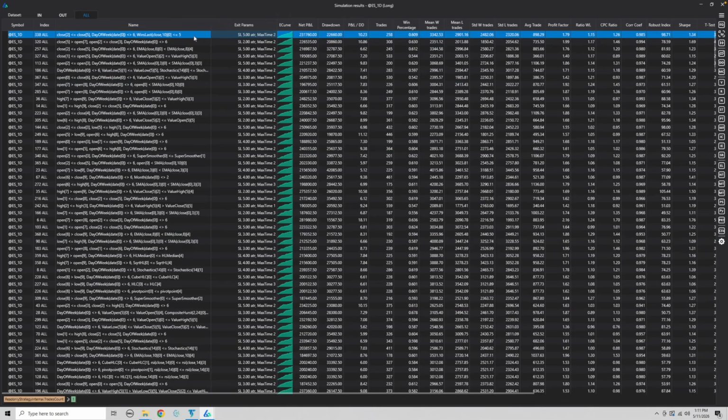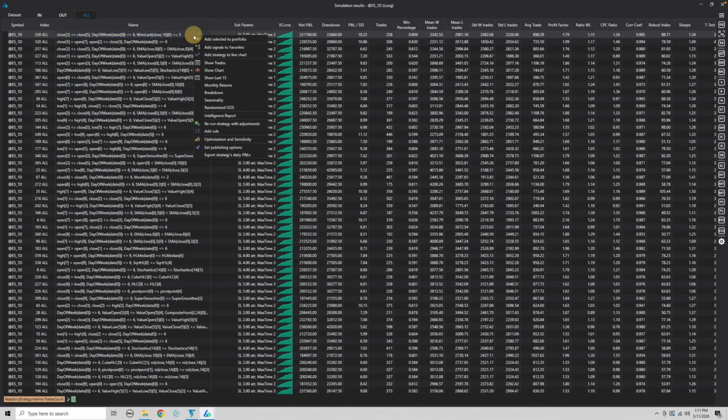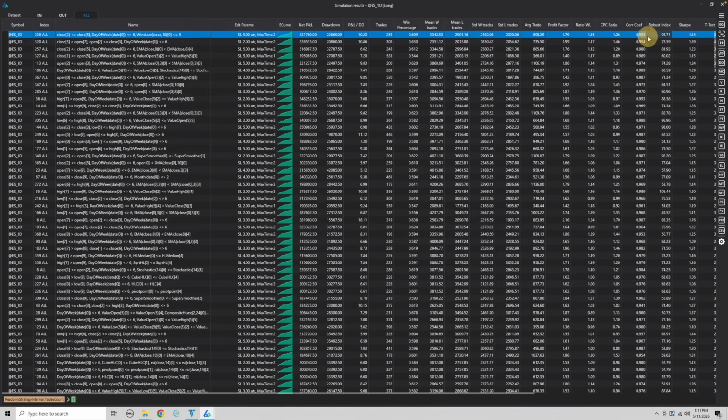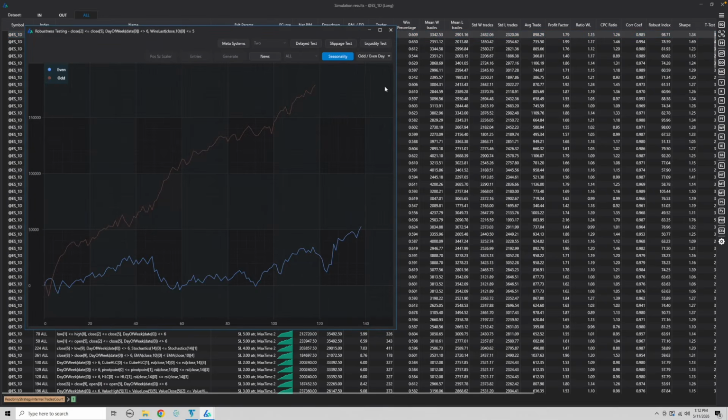Before we close out, I want to highlight this one strategy, and I want to show you some other things that you can look at. We can actually go over here after I selected our strategy, and we can go to one of these other testing facilities. All right, what we're looking at is a robustness test, and I wanted to show you, you can take a look at the seasonality in more detail.